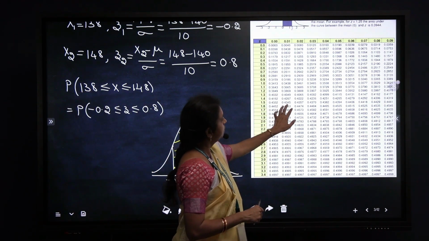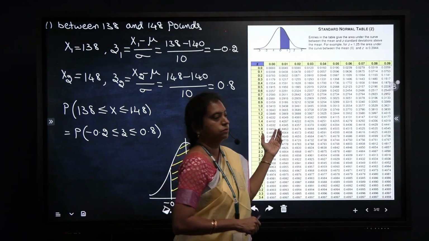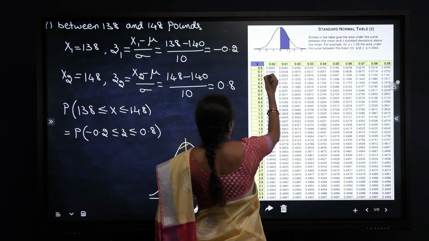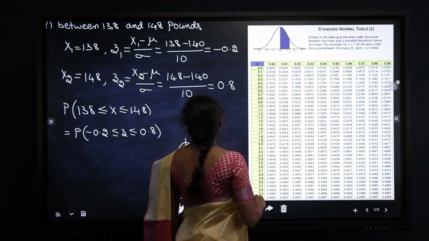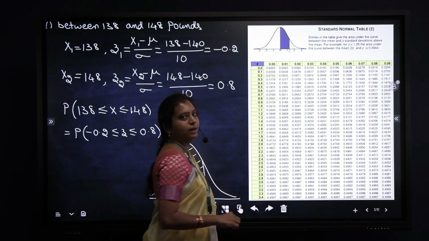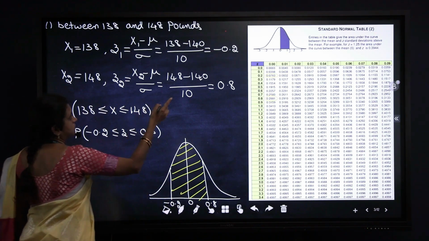If it is not visible, we can download normal tables, right? They are available. So under 0.2, under 0, is 0.0793, and under 0.8 it is 0.2881.